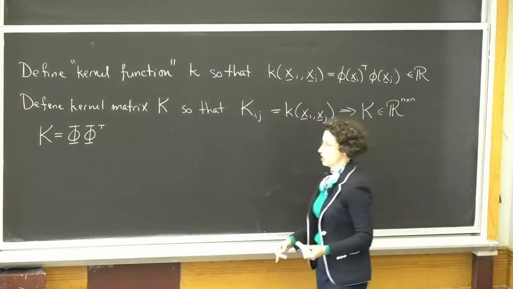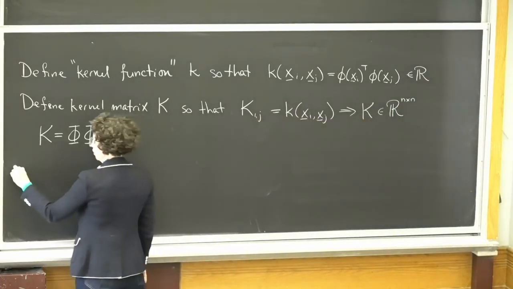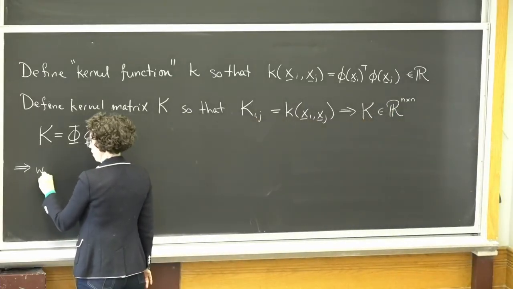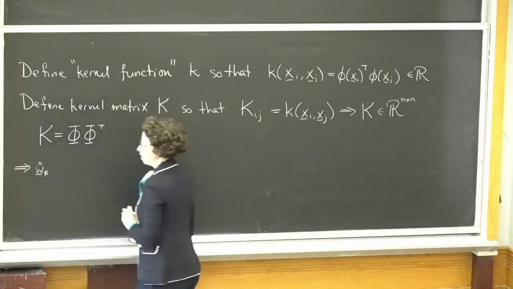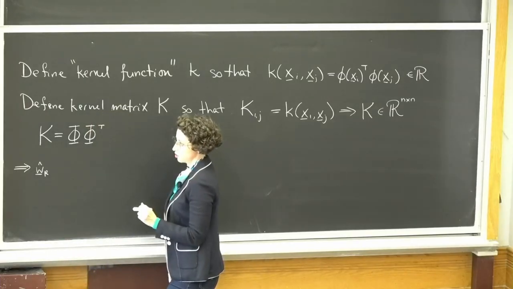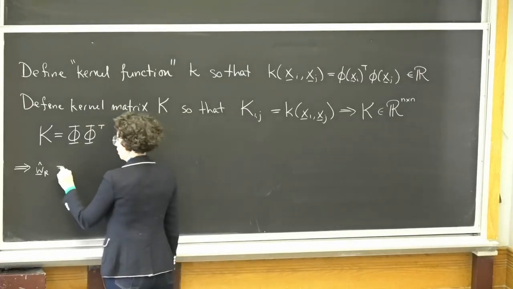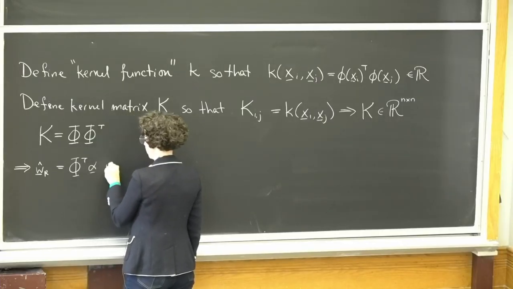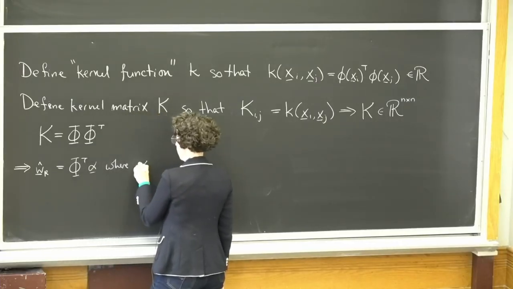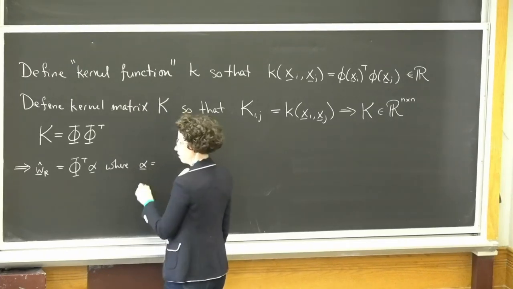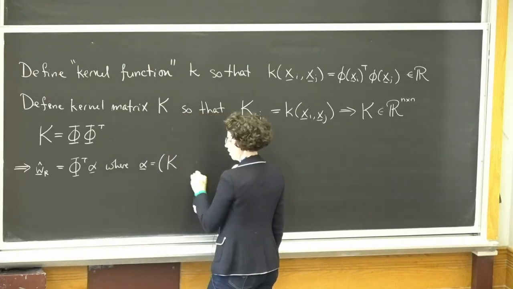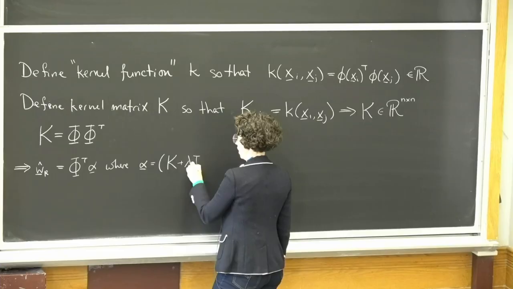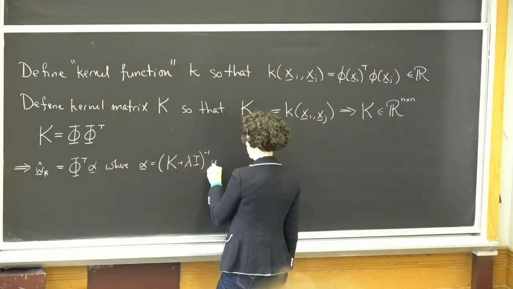So what that means then is that we can actually write our ridge regression weight vector in terms of this kernel matrix. So it's equal to phi transpose times alpha, where alpha is equal to this kernel matrix plus lambda identity inverse times y.